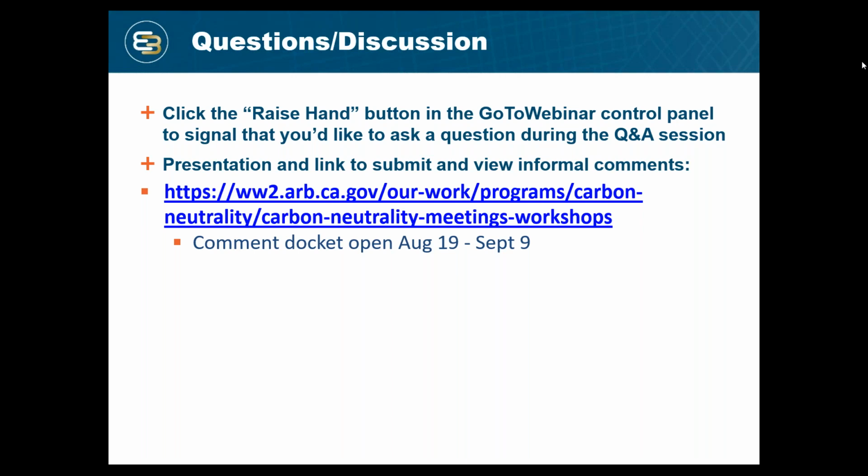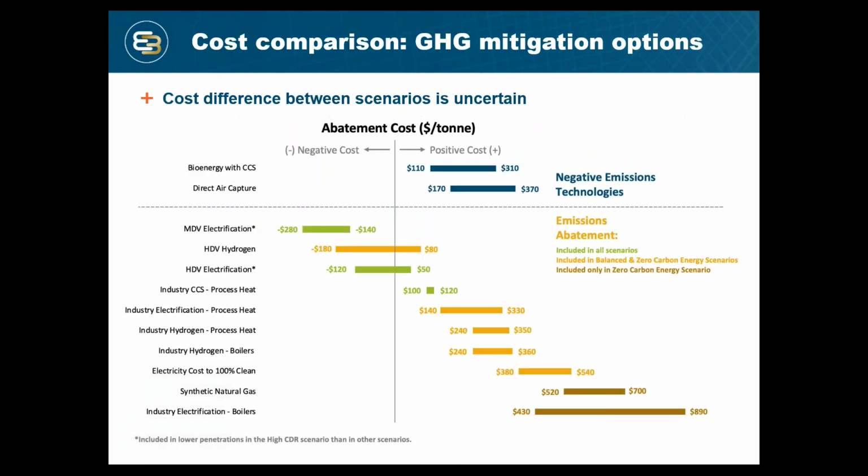Oh, I just had a quick question. I was looking at your chart that ranked measures by cost, and one of them was achieving 100% clean energy in the grid. Third up from the bottom, electricity cost 100% clean. Is that an incremental cost, and for what?